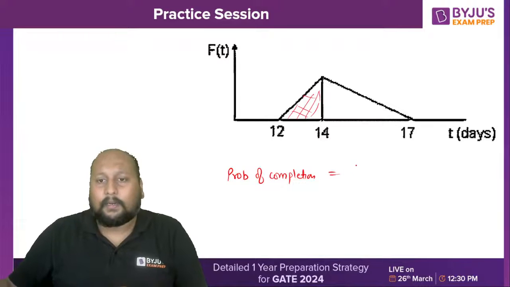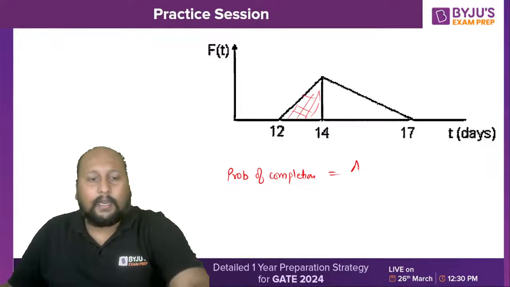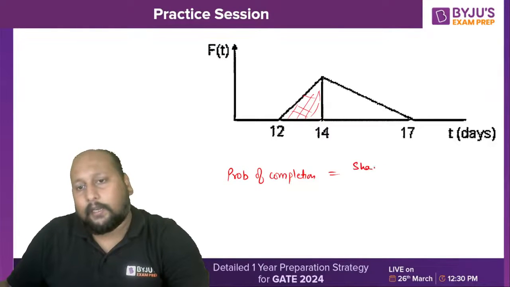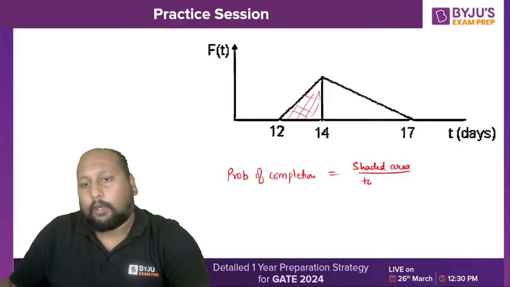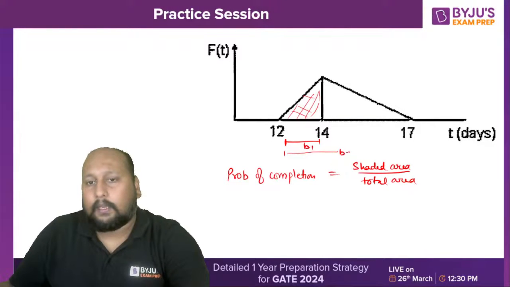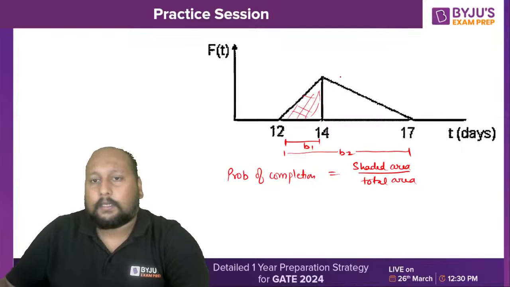That is nothing but the shaded area divided by the total area. Let us suppose this is B1, this is B2, and this is height H. So what is the area?